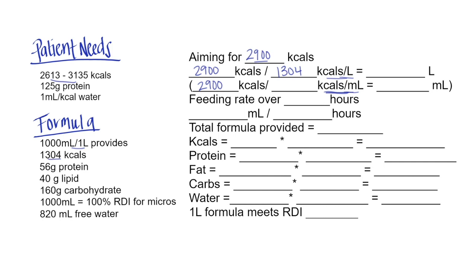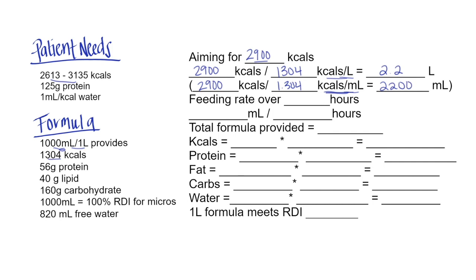I'm just going to divide my 1304 by the 1,000 mLs that are in each liter, and I'm going to say 1.304 kcals are happening per mL of formula. If I do some quick division here, if I'm dividing my 2900 by 1304, that puts me at 2.2 liters. And then if I multiply that by 1,000 or do this math on the bottom, I can see that I get to 2,200 mLs of formula.